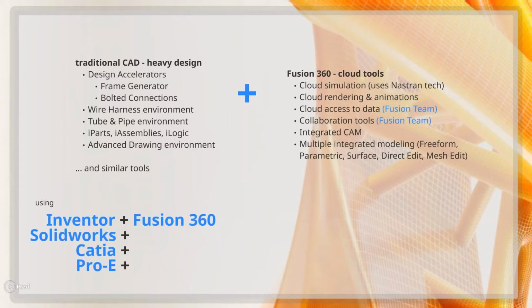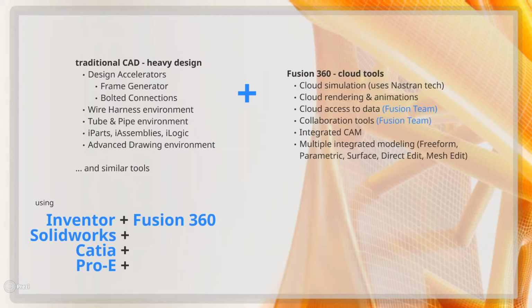The terminology here is from Inventor, but most of these programs have equivalent tools. Design accelerators like frame generator or bolted connections allow you to automatically generate files and automatically make calculations. Traditional CAD is very good at that.